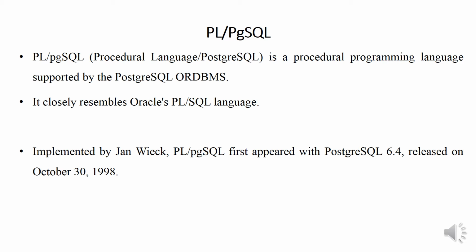It is possible. PostgreSQL is the same as Oracle's PLSQL language, which was implemented by Jan Wick. The first rapid version is PostgreSQL, that is PgSQL 6.4, released on October 30, 1998.